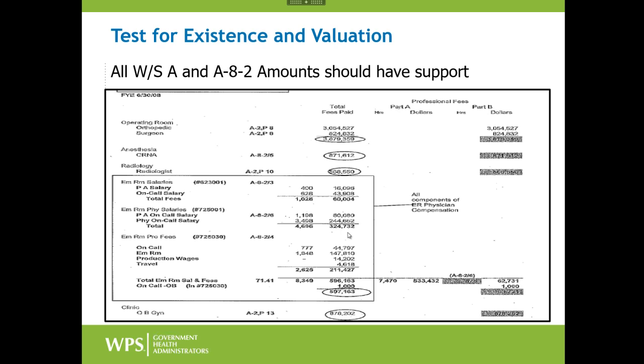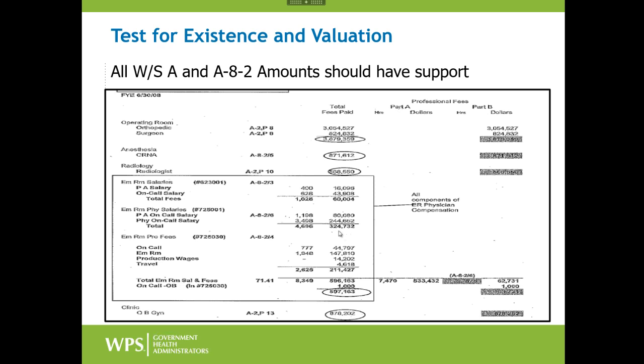Now, another thing to point out here, from an audit perspective, we're going to be testing a couple of different things. We're going to be making sure the transaction exists, the costs really existed, and that they were valued properly. So in these situations, we're going to need to see documentation. Depending on the scope of the review, we're going to be needing to see trial balance documentation, and other more supporting and source documentation.